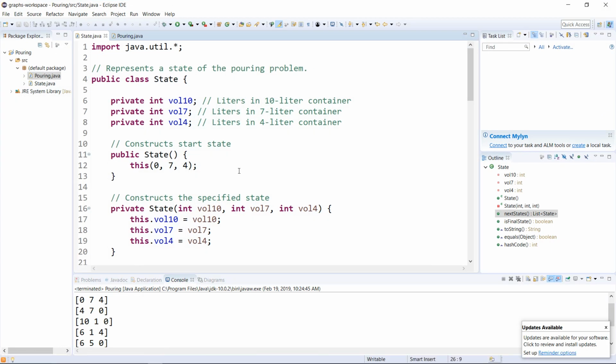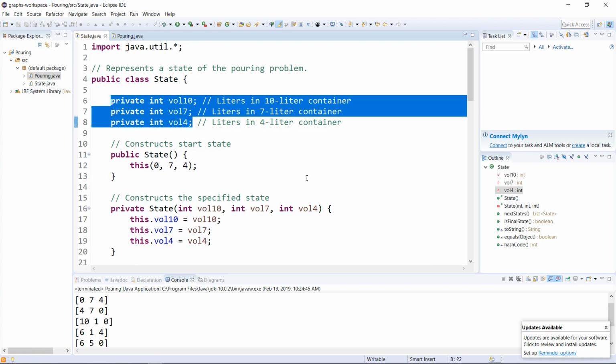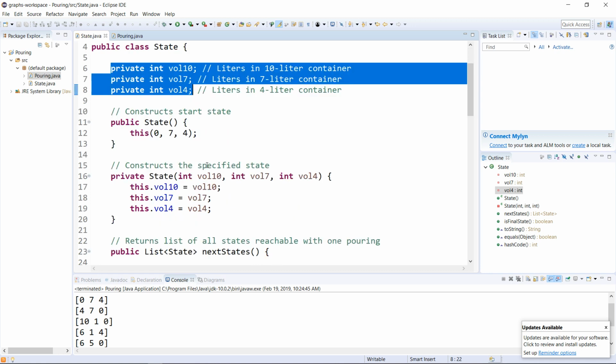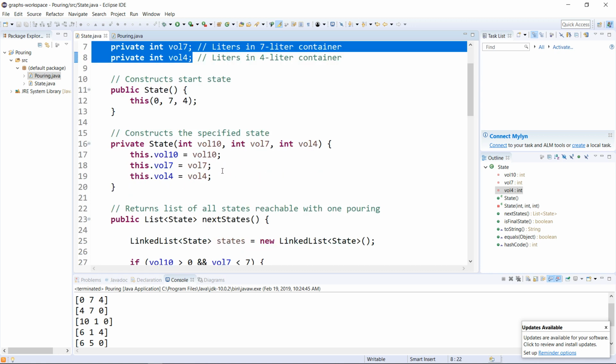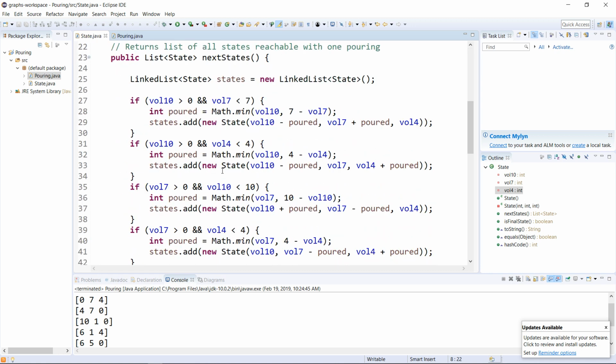So here's a Java program. Here's how I represent the state. I just have three instance variables that say how much water is in each of the three containers. I have a constructor to create the initial state or a specific state. And here I have something that, given a state, will return the list of all reachable states from it.